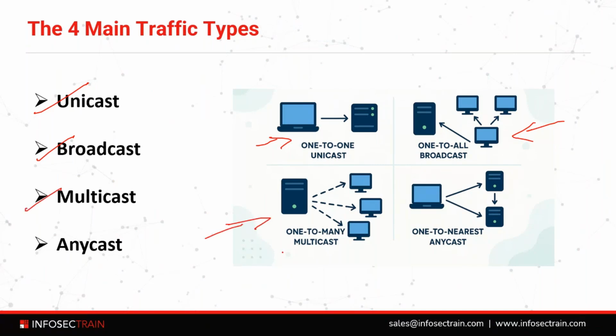Multicast means one to many. So it means one to many, not one to all. Just think of it like your newspaper subscription. So if you are subscribed to your newspaper vendor, every morning your newspaper vendor will give newspaper to you. If your neighbor is not subscribed, then your neighbor will not get that newspaper every morning, right?